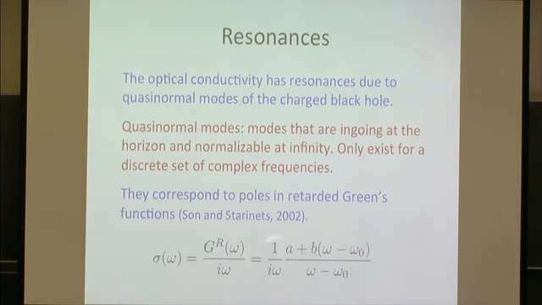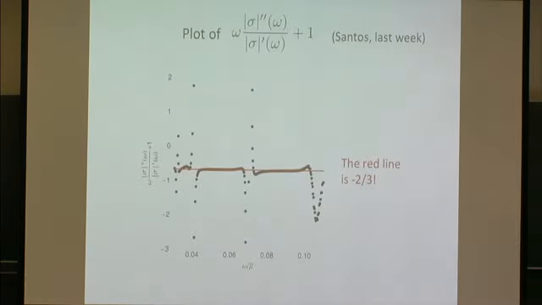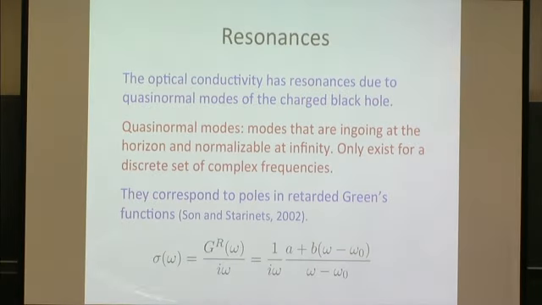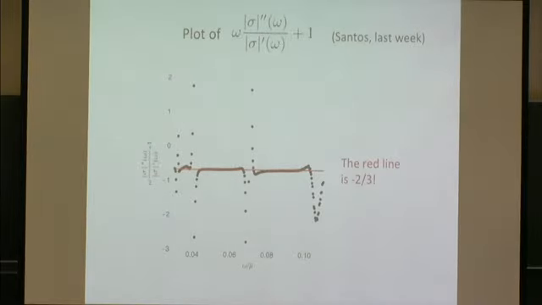And you can fit a formula like this to the resonance and read off what the quasi-normal mode frequency is. George has gone back and blown up the data and actually sees these little bits, and it fits very well with this formula. So we know what these are, and when you're away from a resonance, we clearly see the power law.